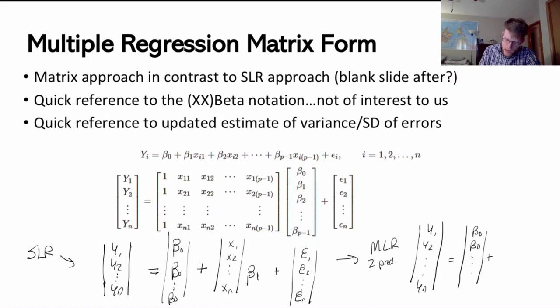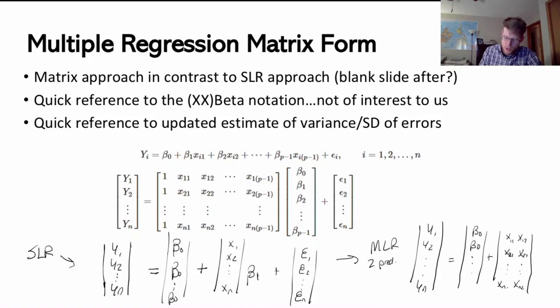But now I have double the amount of x values. So I'm going to have x11 and the second predictor, x12. And then x21, x22, through xn1, xn2. So I'm going to have 2 columns of x values, one for each predictor.